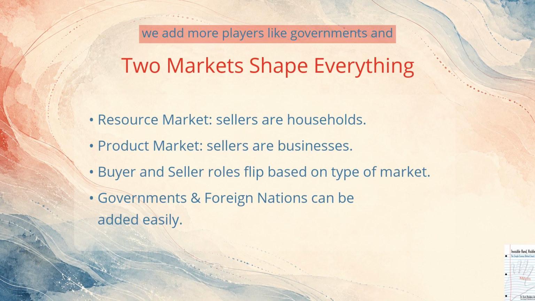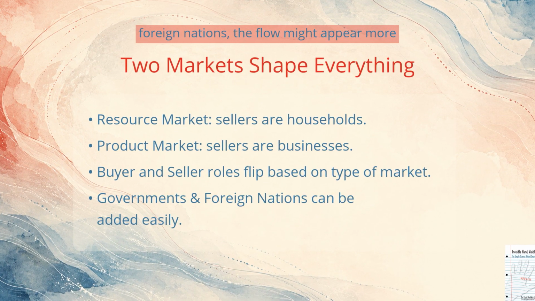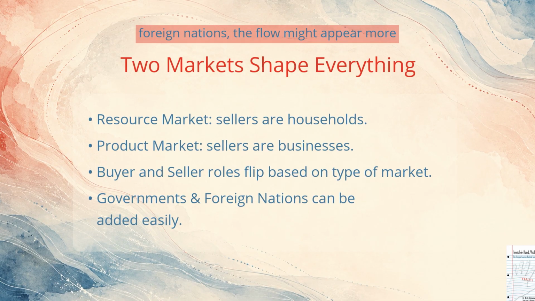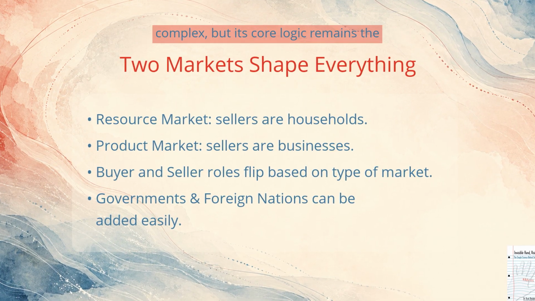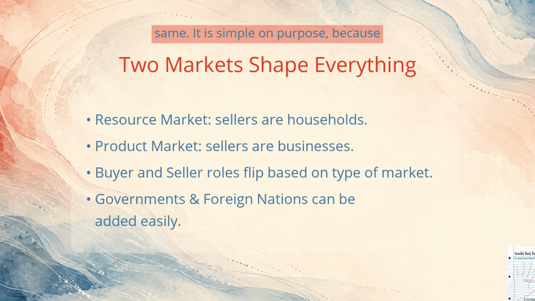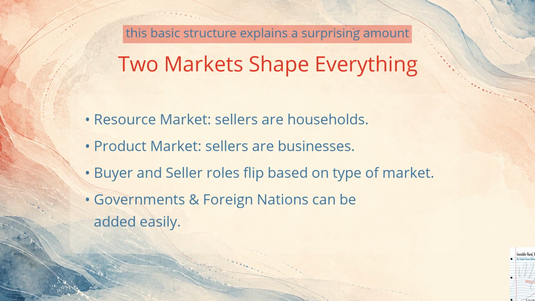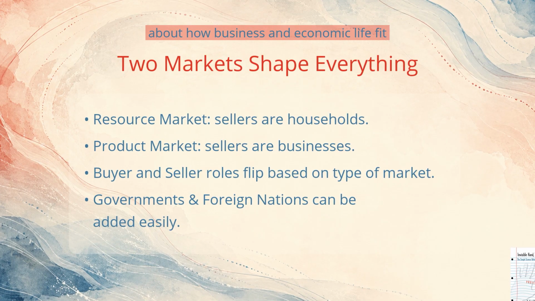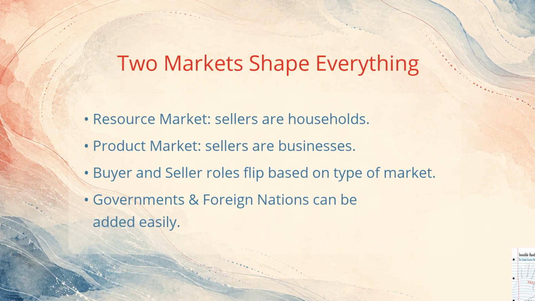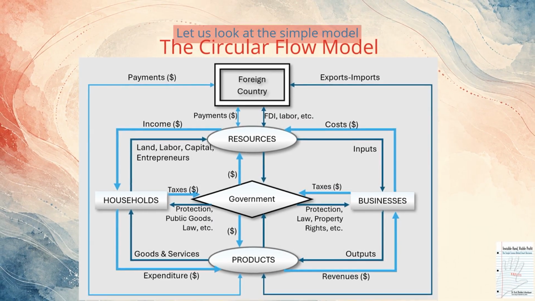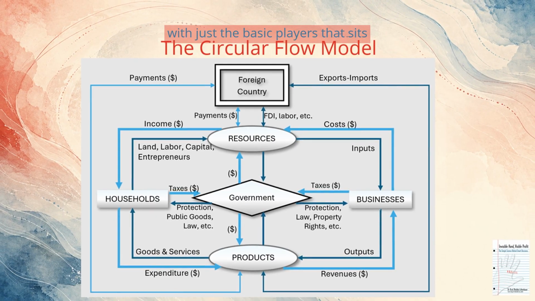As we add more players like governments and foreign nations, the flow might appear more complex, but its core logic remains the same. It is simple on purpose, because this basic structure explains a surprising amount about how business and economic life fit together.